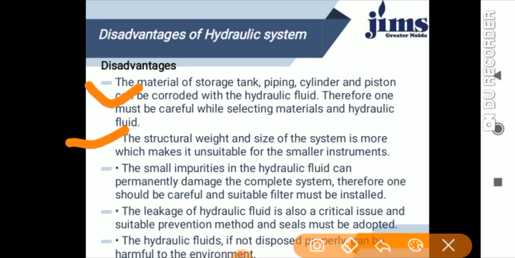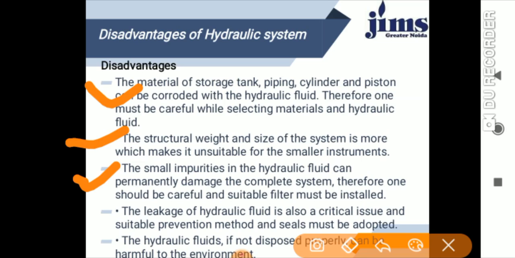Third, small impurities in the hydraulic fluid can permanently damage the complete system. Therefore one should be careful and a suitable filter must be installed.